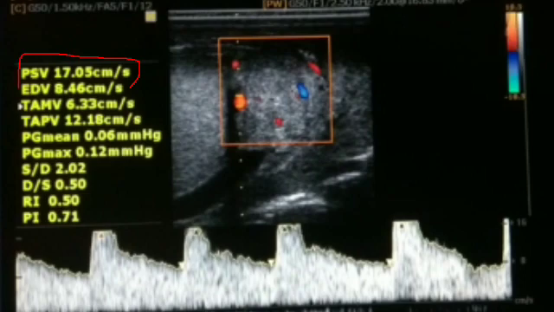The pulsed wave Doppler interrogation of the inflamed epididymis shows a peak systolic velocity of 17 cm per second, which is highly indicative of inflamed epididymis.